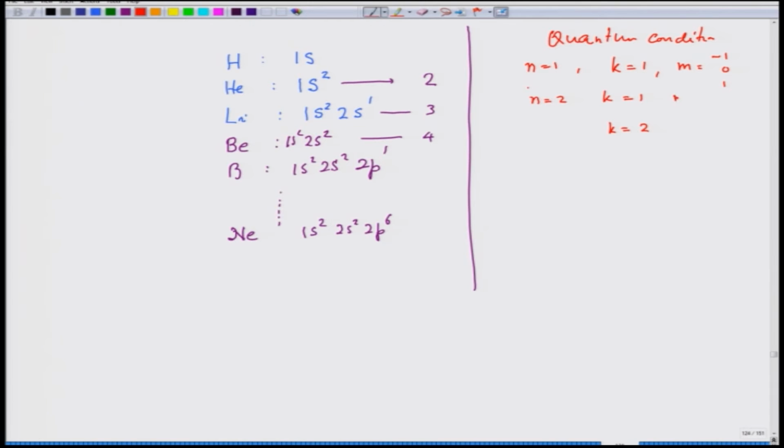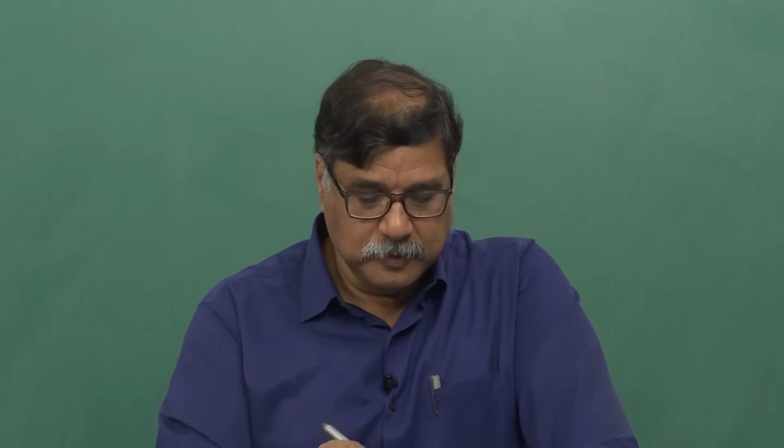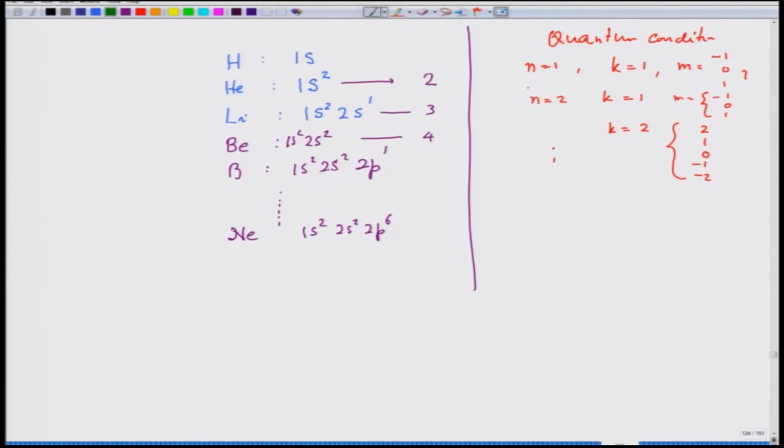This was m equals minus 1, 0, 1 and m equals 2, 1, 0, minus 1, minus 2. I have reversed the order, and so on. So, in n equals 1, there are 3 levels. If each level had 1 electron, there should be 3 electrons, and for k equals 2, there should be 5 electrons. This is a contradiction to what was observed experimentally. So, let me write this, left hand side is experimental.